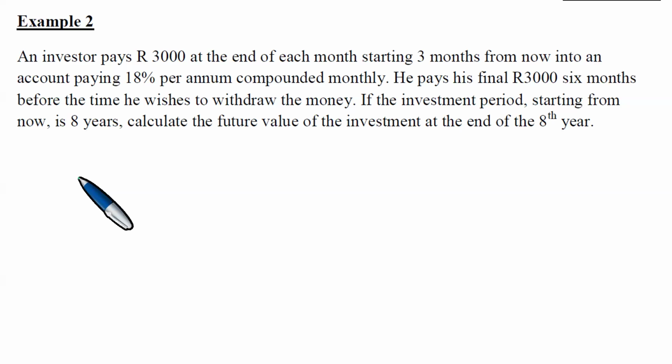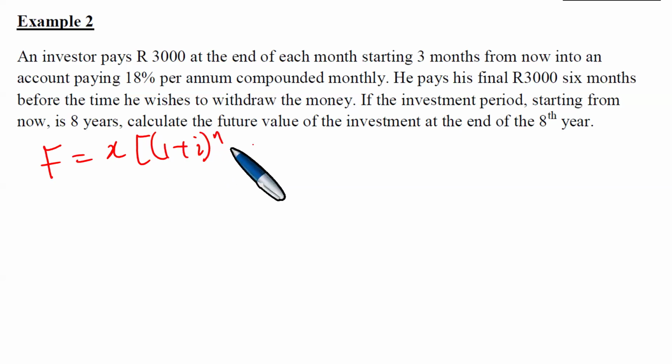So obviously you have an idea of what to do. The future value formula is x open bracket 1 plus i to the nth power minus 1, all divided by i.